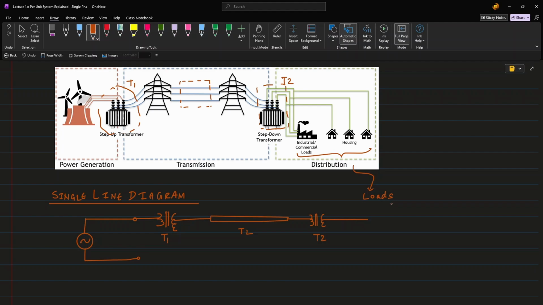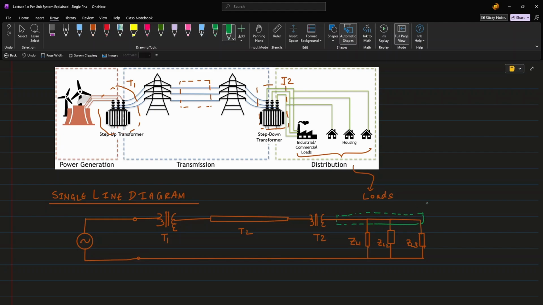Electrical loads can be represented as impedances and are simply combinations of resistances and reactances. Therefore, let's represent these loads as impedances. Typically, the letter Z is used to denote the impedance. Hence, these loads can be labeled as ZL1, ZL2, ZL3, etc. Depending on the number of loads present, you can keep adding them into the single line diagram.